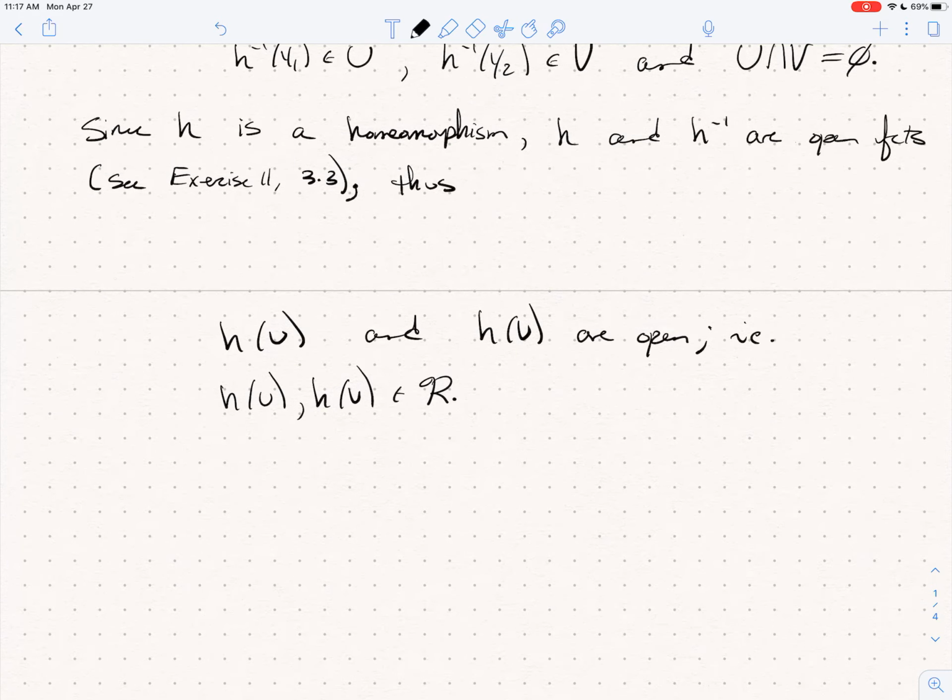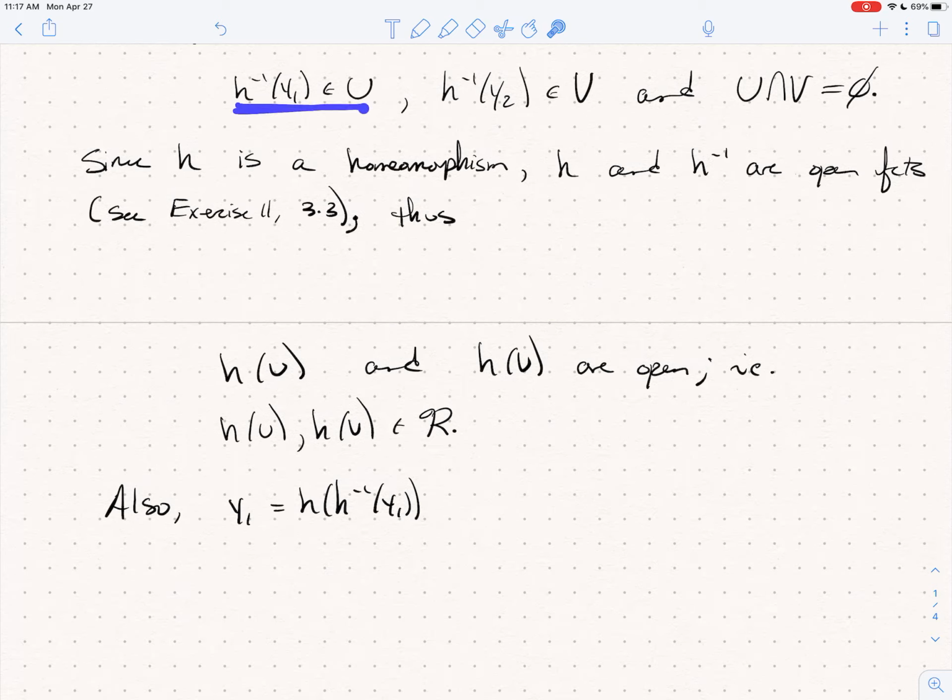Now I'm going to say, wait a minute, note that Y1 is certainly H of H inverse of Y1. Where did H inverse of Y1 live?